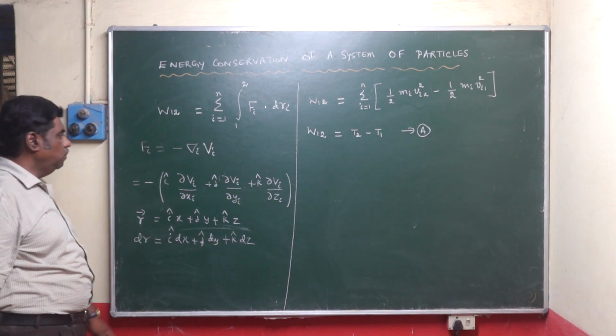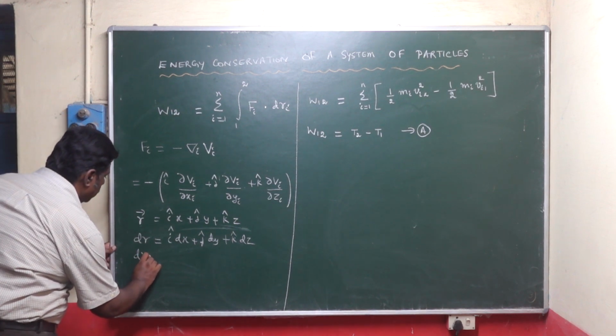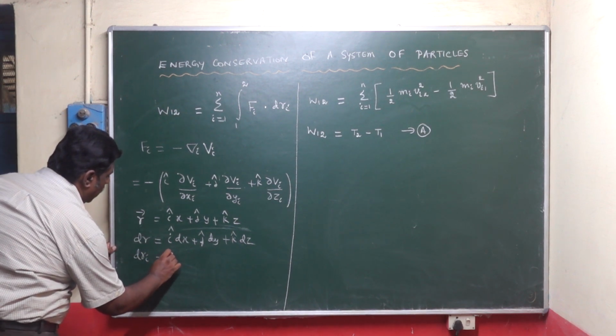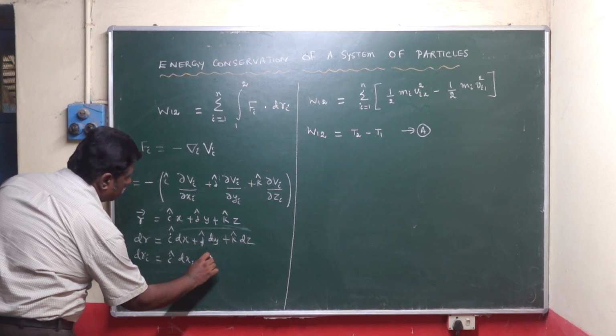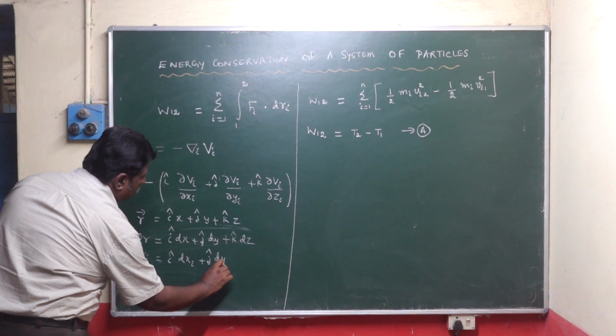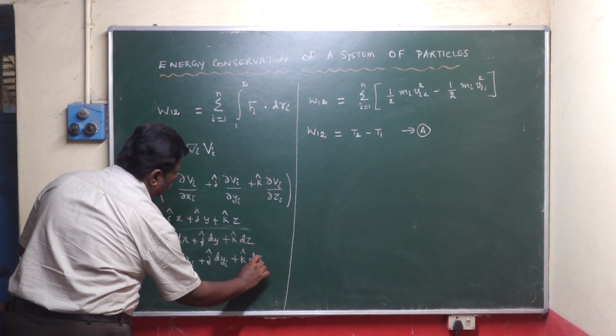This is the value of dr, whereas dri = i dxi plus j dyi plus k dzi.